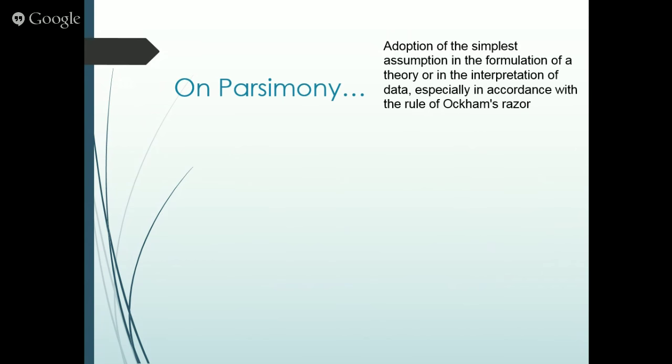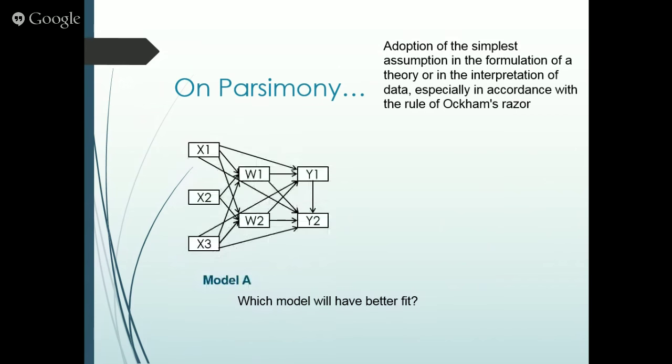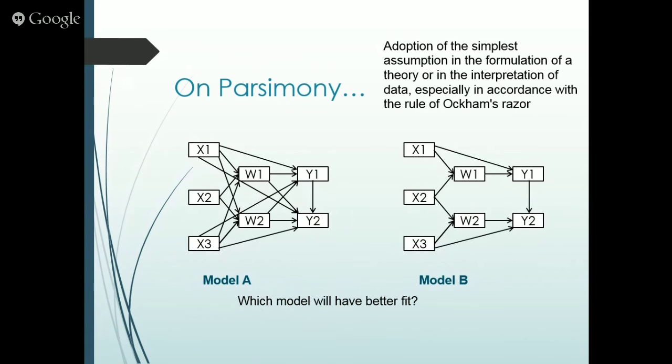On parsimony, everyone here has heard of parsimony. You want to explain the most you can with as little as possible, right? Which model will have better fit? That's a trick question. Which model will have better fit, regardless? Model A will have better fit.